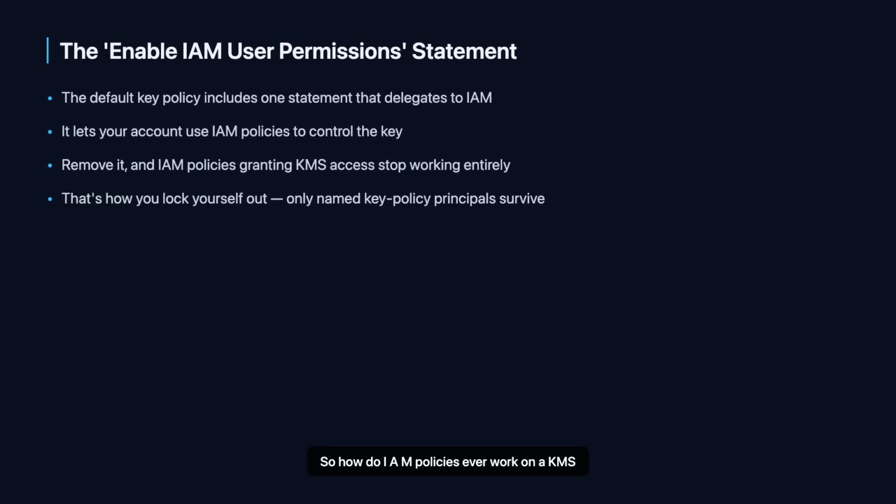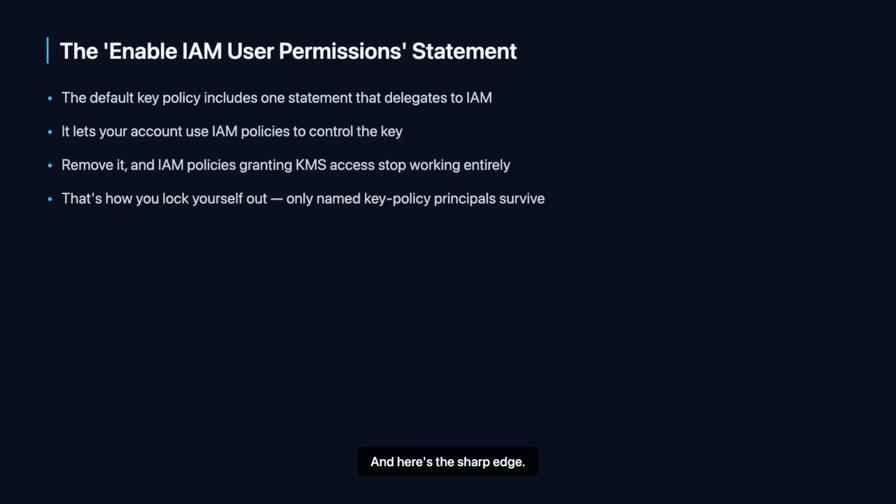So how do IAM policies ever work on a KMS key? Through one specific statement in the default key policy called Enable IAM User Permissions. That statement is the vault agreeing to honor key cards. It delegates authorization to IAM, which lets your account use ordinary IAM policies to control the key.